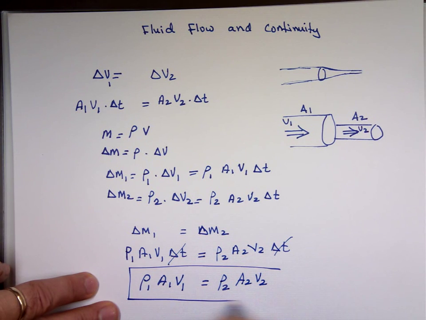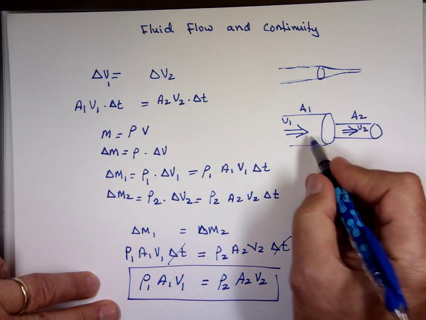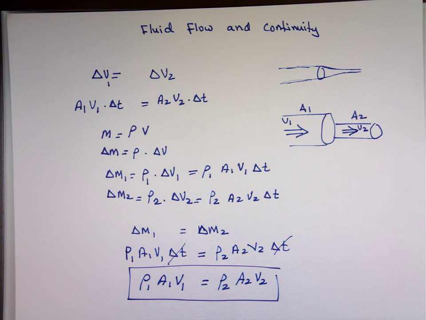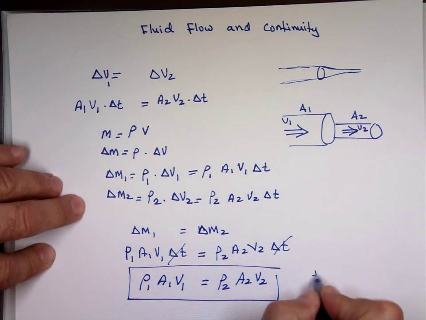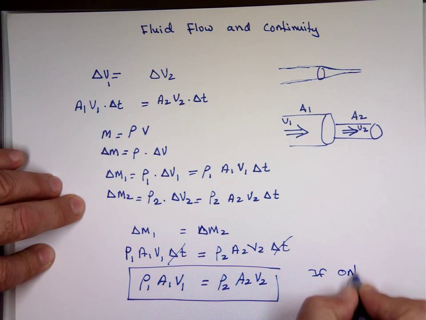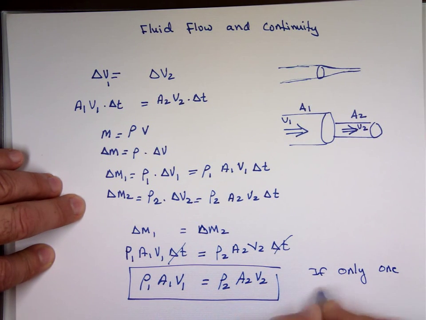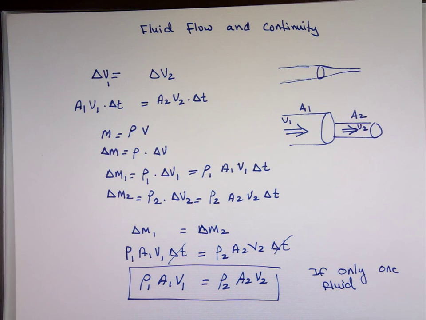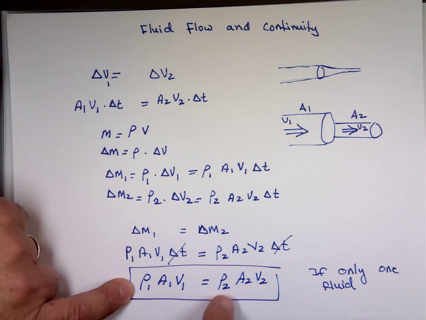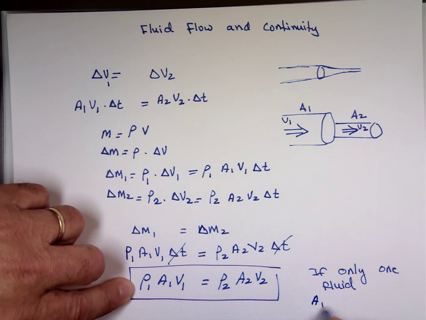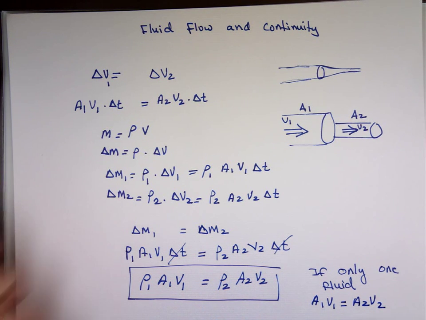Now again, I'm making the assumption you could have more than one fluid inside that tube. If you only have one fluid, that rho is going to be the same for both of them, so you'll have area 1, velocity 1 equals area 2, velocity 2.